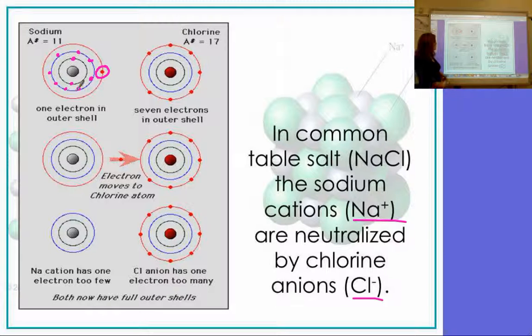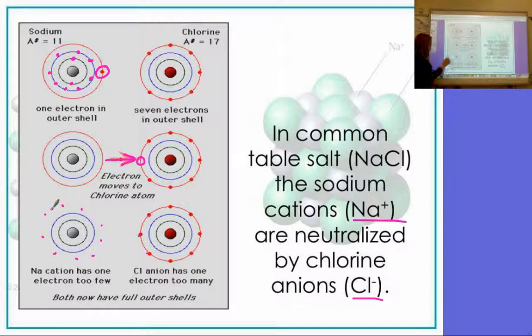In its valence shell, sodium has 1. It likes to give that 1 to chlorine because then they're both more stable. Chlorine slightly increases its size because now it has 8 full shell valence electrons. Sodium loses this whole shell.